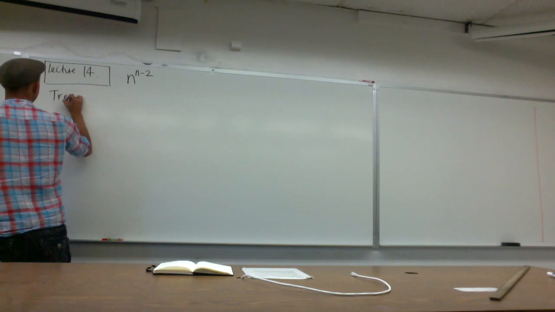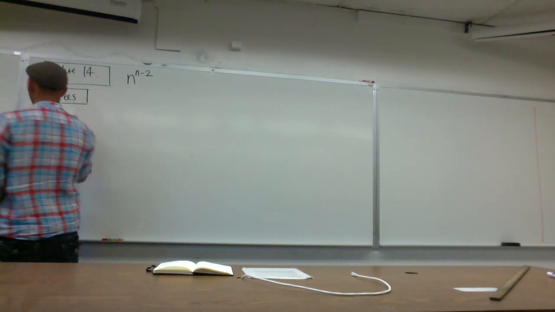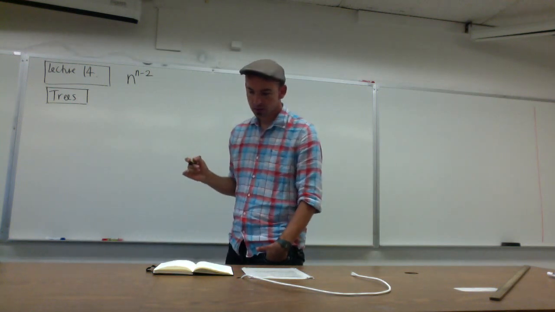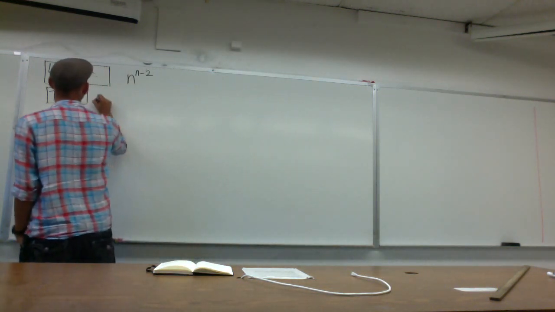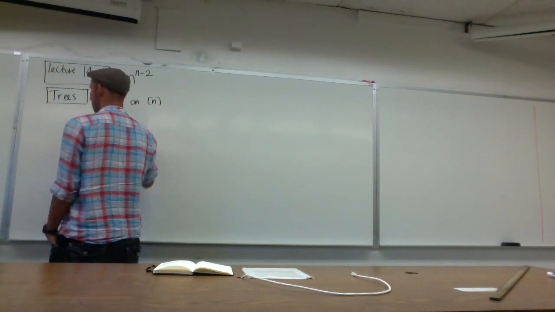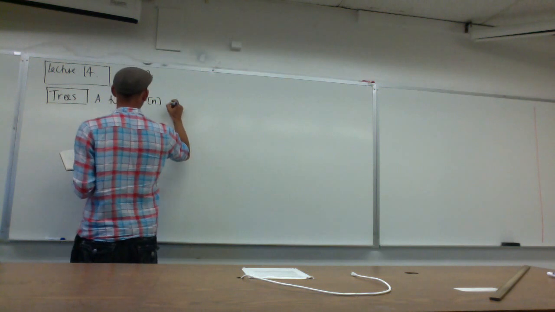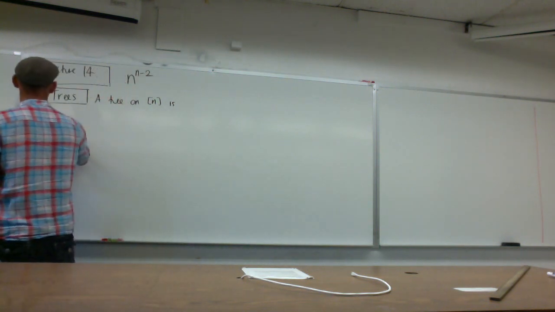So one place where it appears is in the enumeration of trees. So let's talk about trees. A tree on n is going to be just a... Right, we've talked about trees already. So this is a graph.